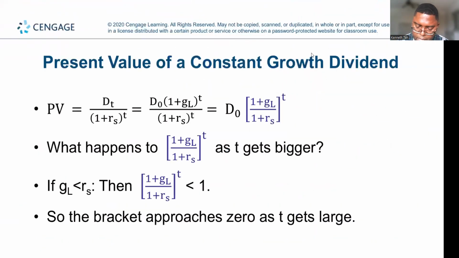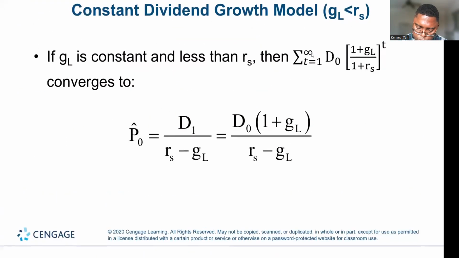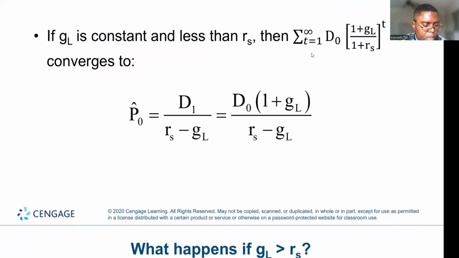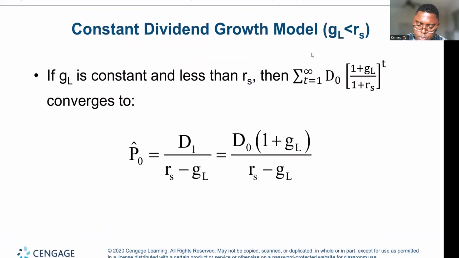All right, then we bring that in and work our way until we come to a model that can help us to value stocks, which is the constant dividend growth model. This is the main formula that we are going to use to value stocks when dividend is given and grows at a constant rate.